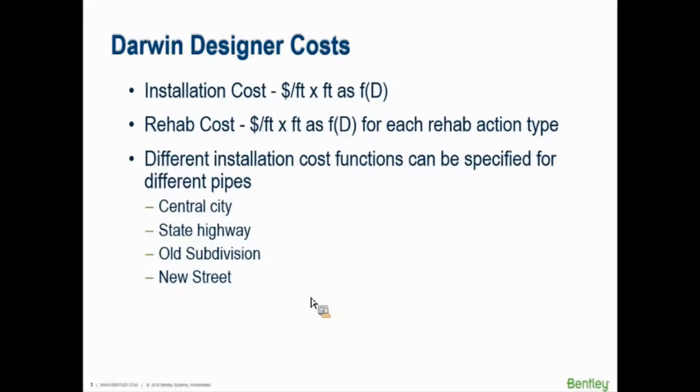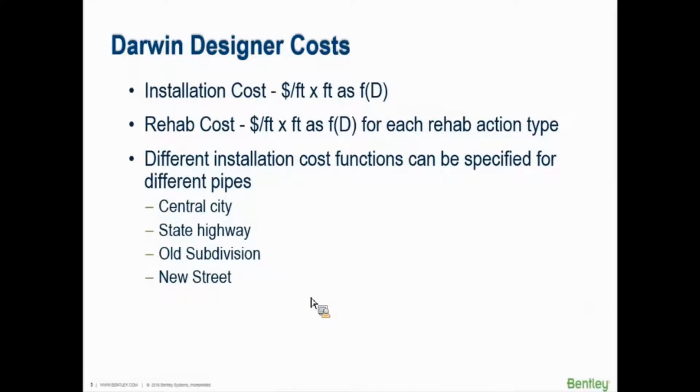For example, in the central city, the costs will be much higher due to traffic and utilities, everything's buried, and a lot more excavation and care has to be taken, as compared to another alternative where the pipes could be laid out in the countryside, where paving costs and construction costs are considerably lower. There's no traffic. It's a lot cheaper to install. So you can handle different pipe routes by giving each a different cost function.